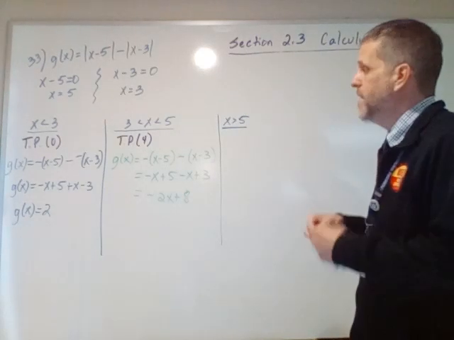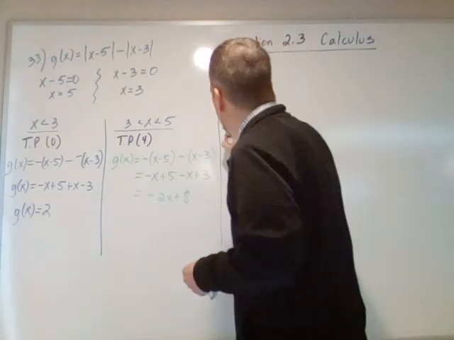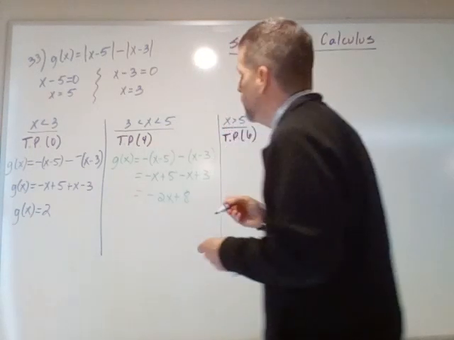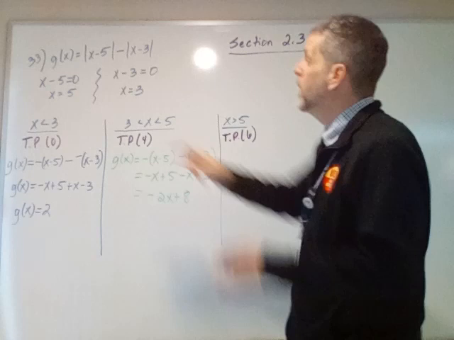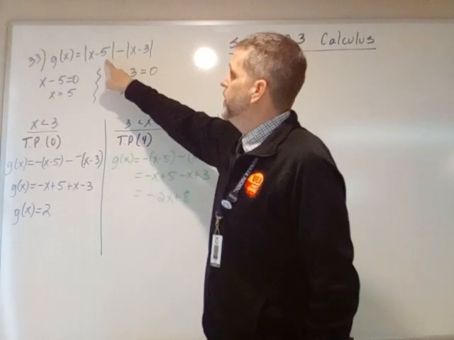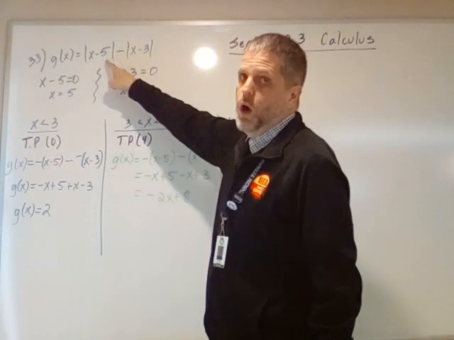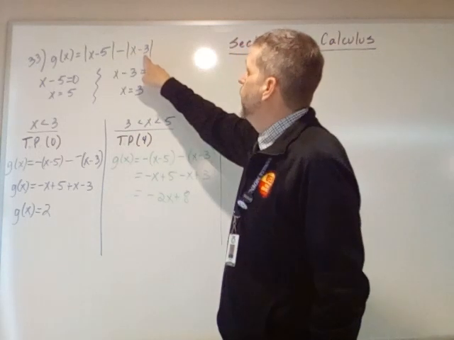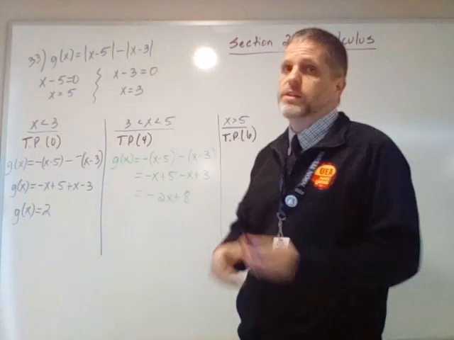Okay, so again, a test point. Any value greater than 5. Simplest one would be 6. 6 minus 5 into the first absolute value, we get a 1. Absolute value doesn't change that. 6 minus 3, we get a 3. The absolute value doesn't change that.